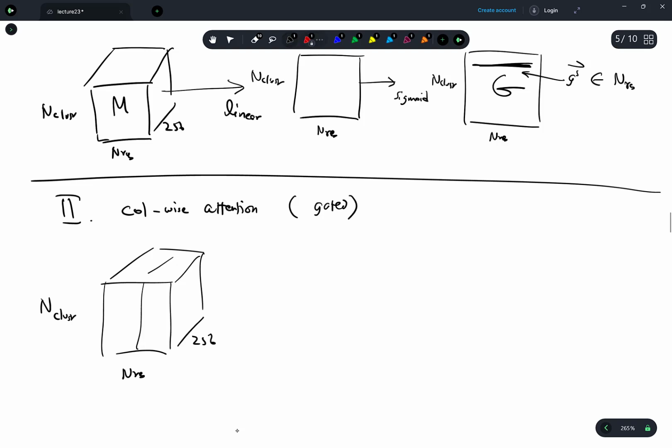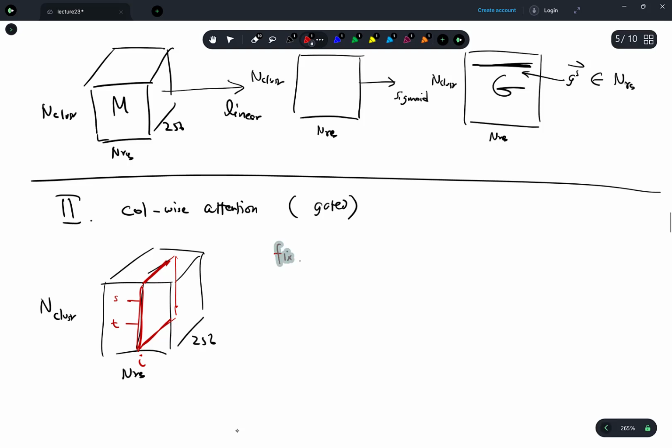So now it's column, right? I've got a column now. So now you get the attention between S and T, two different sequences. How do the different sequences affect each other? Basically, for all I, 1 through n res, everything happens inside that.